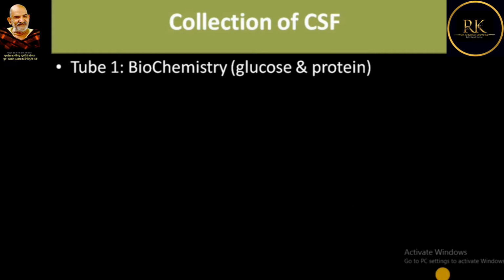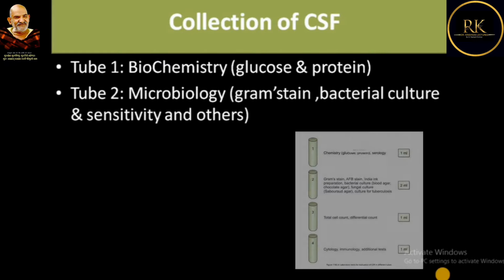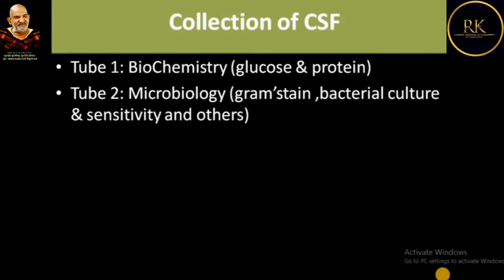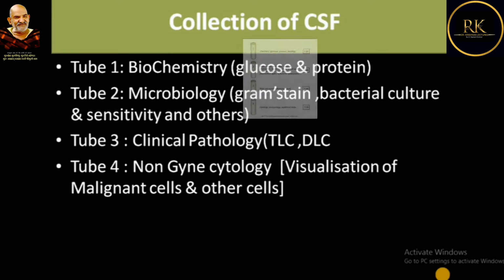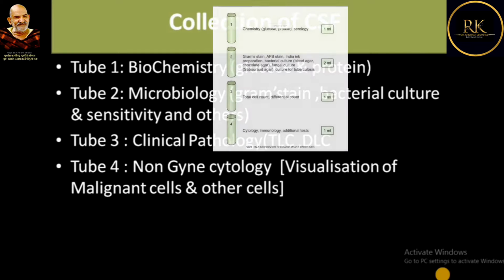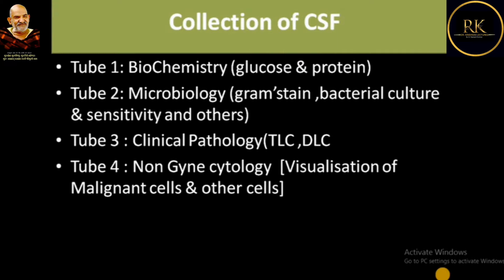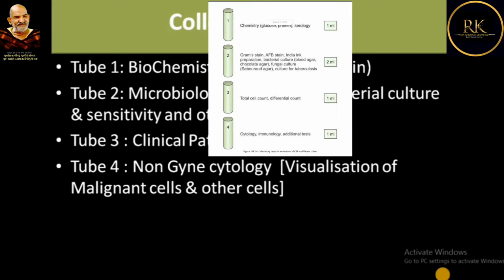Tube 2 is for microbiological examination, that is gram stain, bacterial culture, sensitivity. Tube 3 is for cell counts, TLC, DLC. Tube 4 is for cytology, that is visualization of malignant cells and other cells. And the last tube is the storage sample.